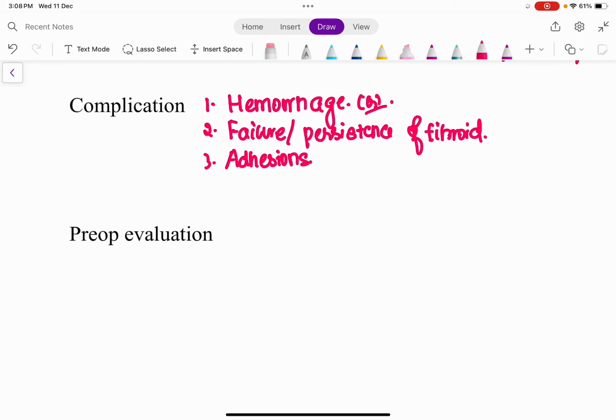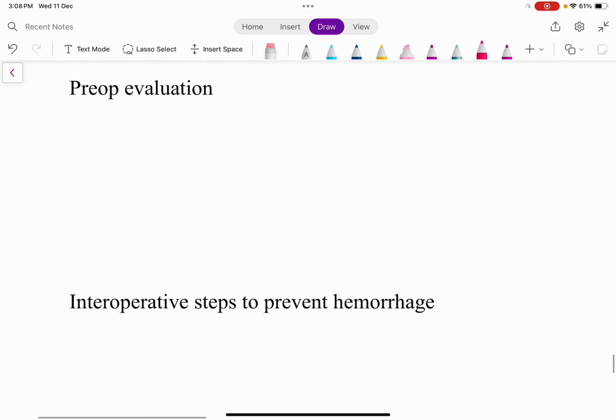In order to decrease the amount of blood loss in that female, what are the anticipatory steps you're going to take before the procedure of myomectomy? So pre-op evaluation should include the evaluation of hemoglobin as well. If the patient is anemic, you have to consider giving iron to her to increase her blood levels.